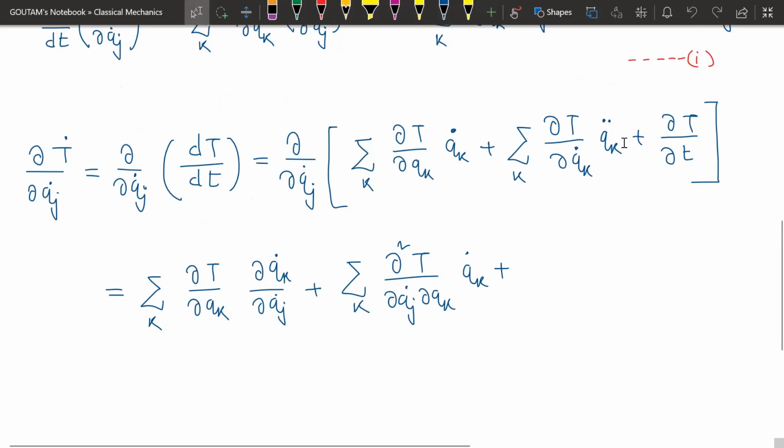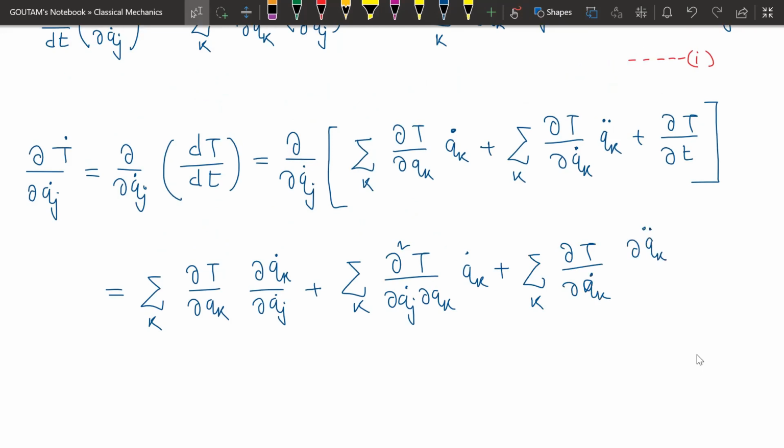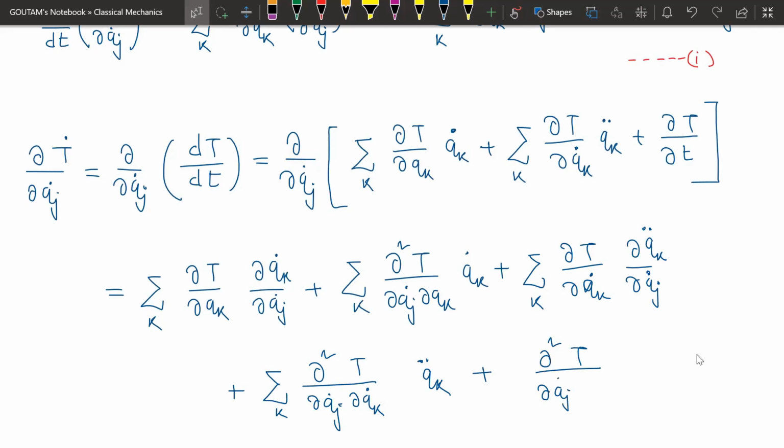And the derivative of this term will be the sum over k of ∂T/∂q̇k times ∂q̈k/∂q̇j, plus the sum over k of ∂²T/∂q̇j∂q̇k times q̈k, plus ∂²T/∂q̇j∂t.